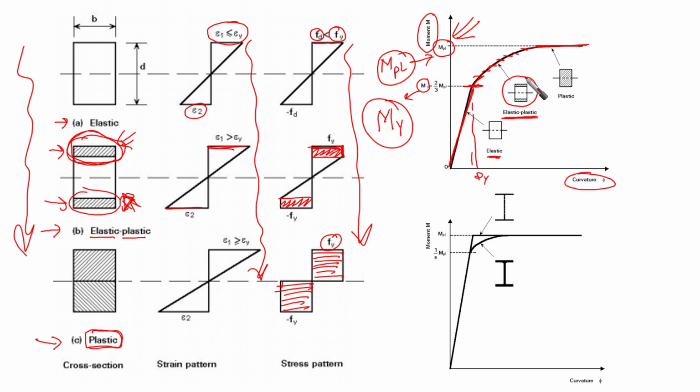After yield, some part of it yields, and after that it reaches a certain level where the entire section is under yielding, in the plastic range. F yield always controls the stress. The strains reach and exceed the yield strain, as you can see, we are going in this direction, or if we are talking about the curvature here.